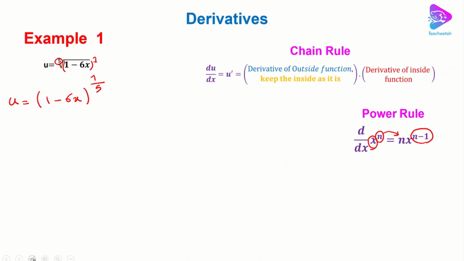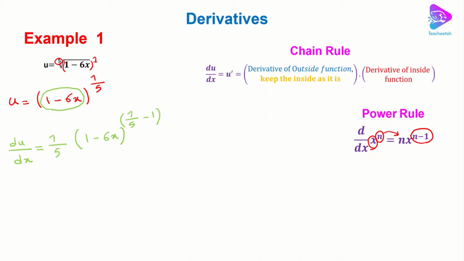In order to take the derivative of that one, we have to use the chain rule, and this is going to be the inside function for us, and the power that we have is going to be the outside. So first we take the derivative of the outside function. So we will have du over dx equals, the derivative of the outside function is going to be 1 over 5, and we keep the inside as it is, 1 minus 6x to the power of 1 over 5 minus 1.